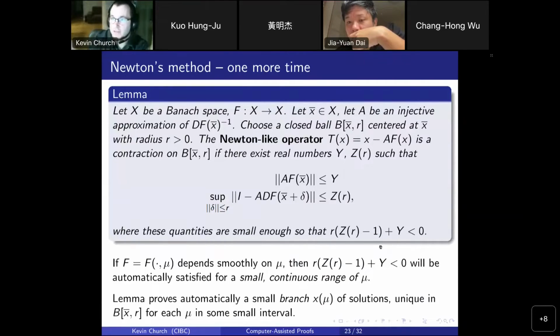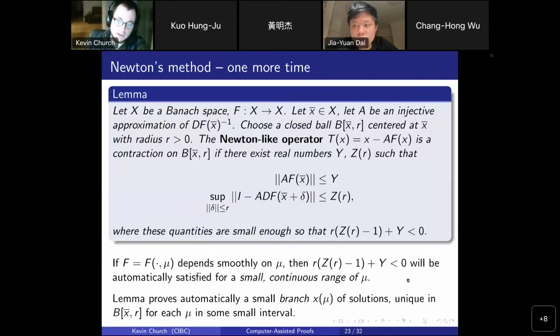So if we have a map that depends on a parameter, in this case, the parameter k, for instance, if this map depends smoothly on the parameter, then in fact, this proof condition, this inequality, is actually satisfied for a small continuous range of mu. Because again, we're working with a strict inequality, and the fact that f is going to depend smoothly on the parameter.